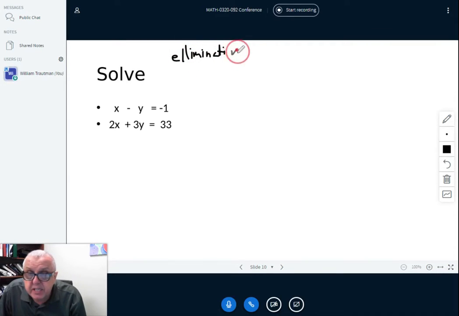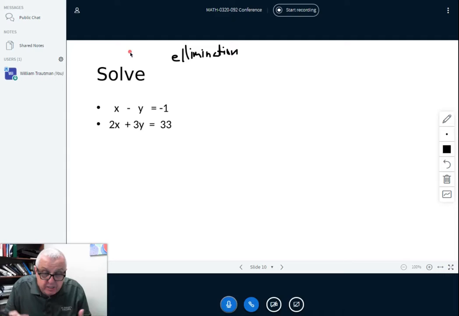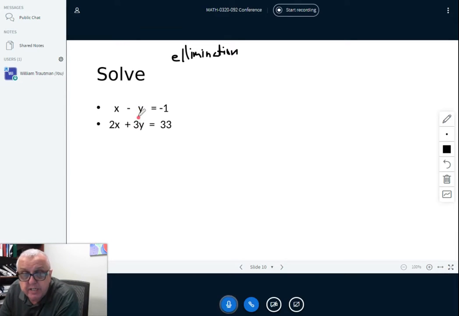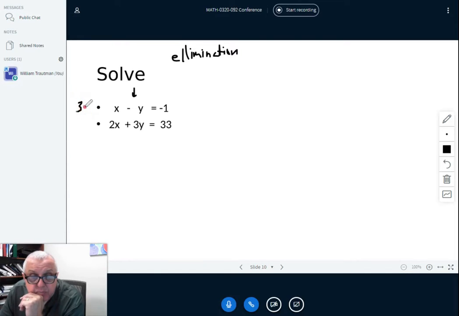This is the elimination method, where you make either the x's or the y's look the same except opposite signs. Since the y's are already opposite signs, one's a plus and one's a minus, we're going to try to make the y's look the same. The only way to make the y's look the same is if I put a 3 in front of this y. The way to do that is multiply this top row.